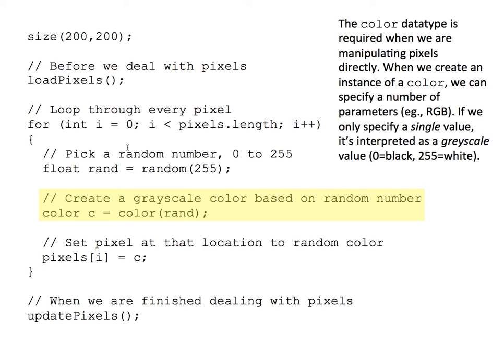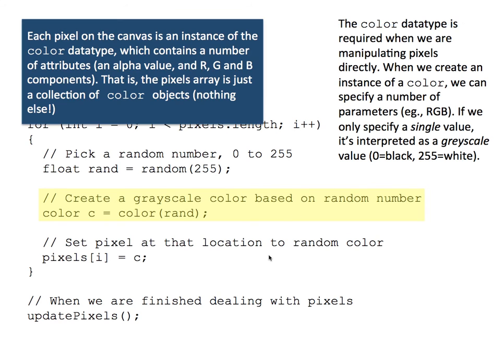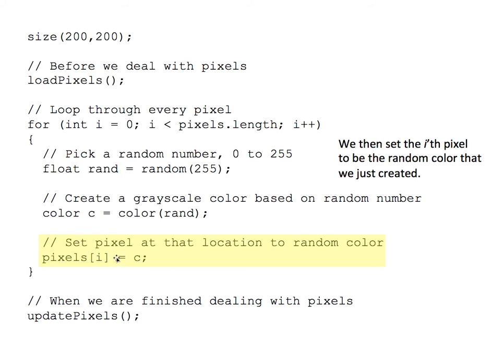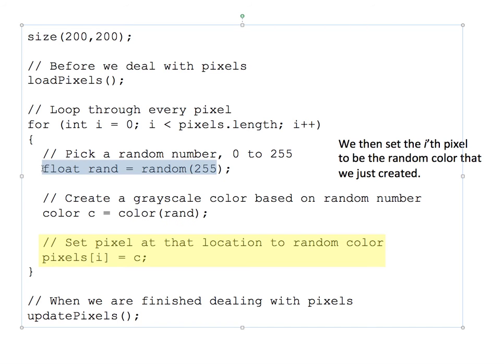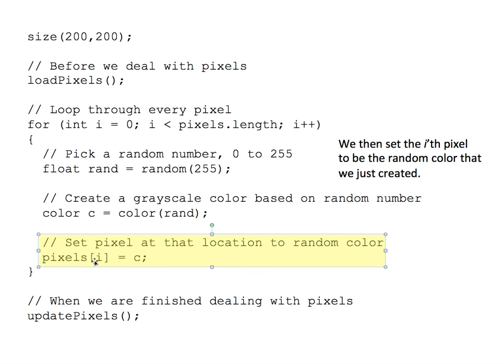So this will repeatedly create a brand new temporary object c, which is then copied into the pixels array. Every time around this for loop, we're creating a brand new object c and giving it a random colour, which we've just selected here. So every time around the loop, we're creating a brand new object, which is then copied into the pixels array.